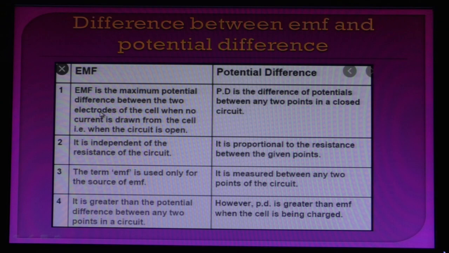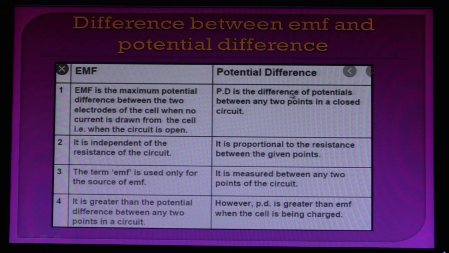Electrodes means terminals of the battery, of the cell, when no current is drawn from the cell, that is when the circuit is open. As I told you, even if the circuit is disconnected, the device still contains the maximum value of potential difference, which is known as EMF.